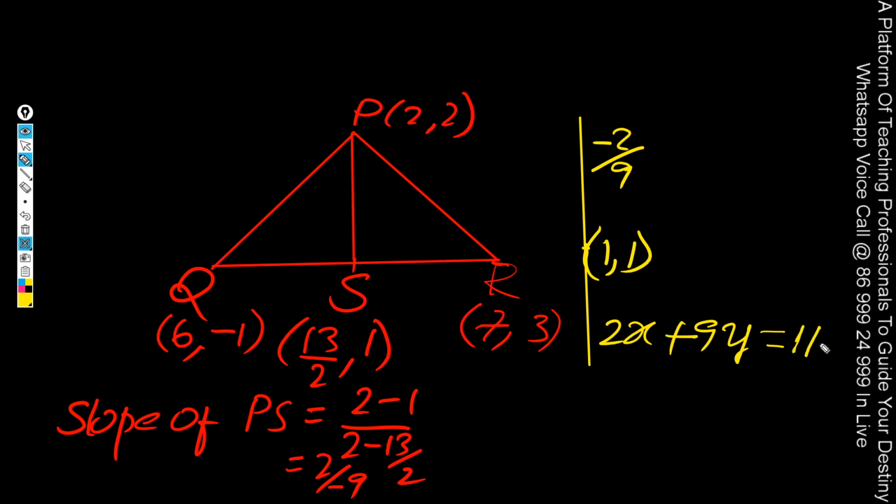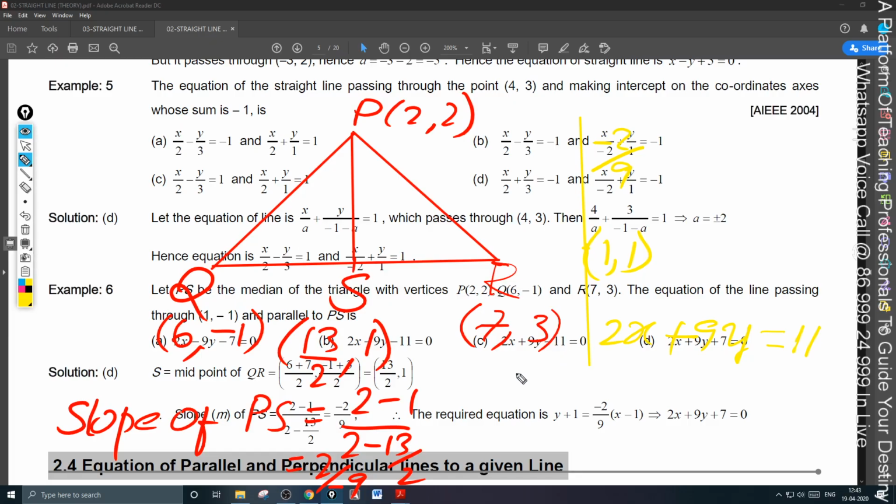Let us check the answer. 2x plus 9y is equal to 11 is the answer. This one, C. 2x plus 9y is equal to 11. But he has given the answer as D here. What is the point we have taken? 1, 1. But the point given is 1, minus 1, please. Let us change it.